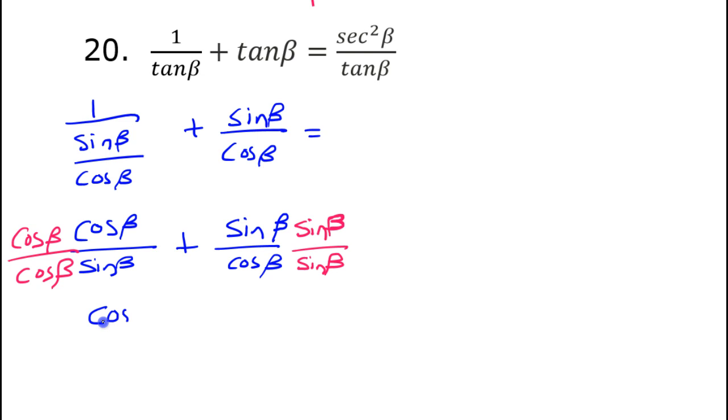So that will give me cosine squared beta over, well, I can see I'm going to have my like denominator. So I'm going to go ahead and put this together now. So I've got my cosine squared beta plus my sine squared beta over my common denominator of cosine beta sine beta.